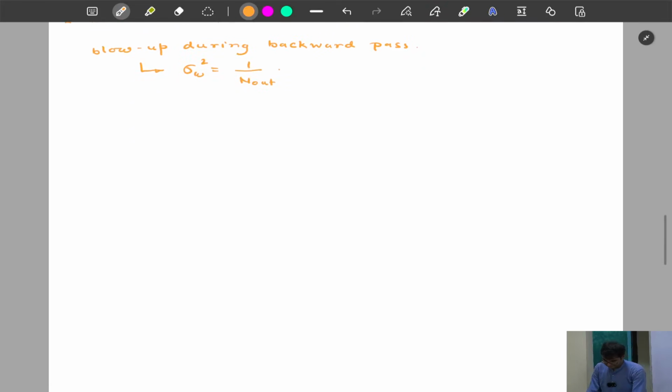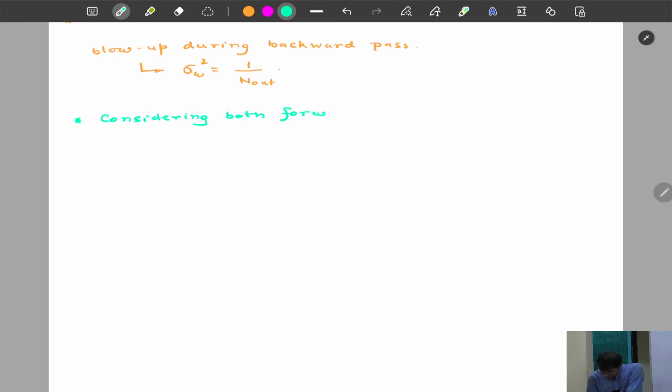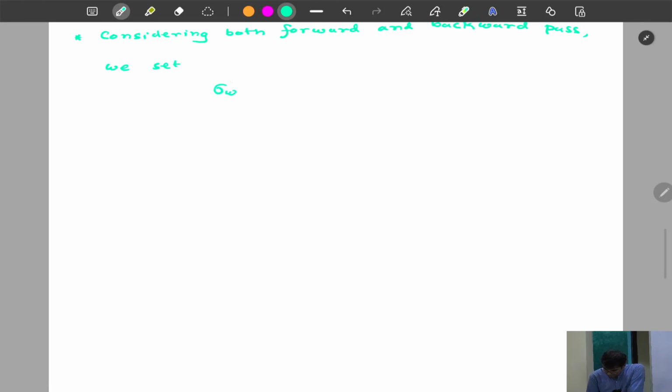So considering forward and backward pass, we set sigma w square is equal to 2 by n in plus n out.